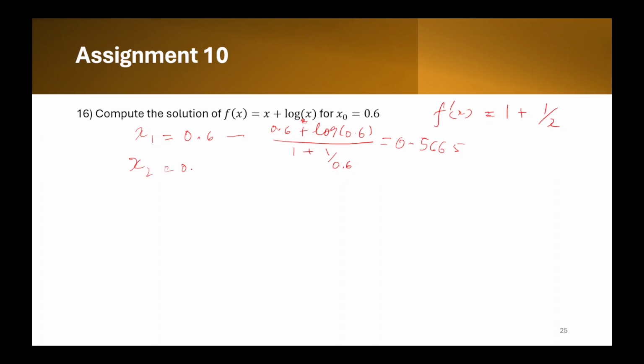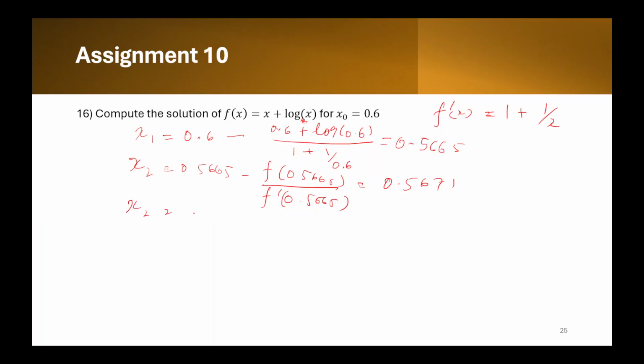Now x2 will be 0.5665 minus f of 0.5665 upon f dash of 0.5665. That will come out to be 0.5671.